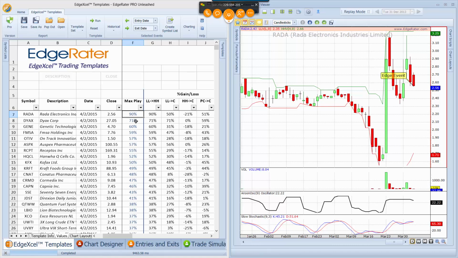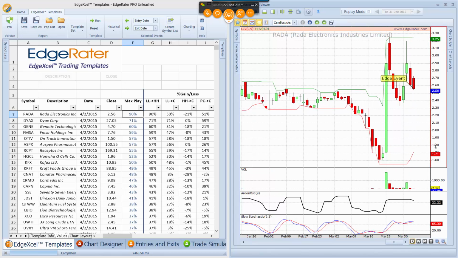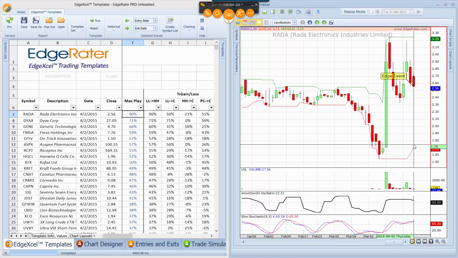And also, if you change the period that you're looking at, right now we're looking at 9 days, so all of these indicators are set in here at 9 days. For instance, the green line up here is your highest high over 9 days. Your red line down here is your lowest low over 9 days.